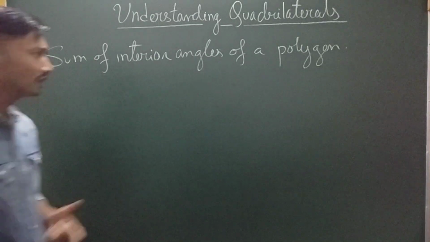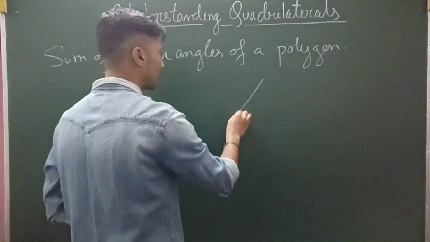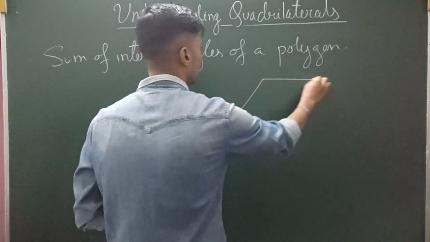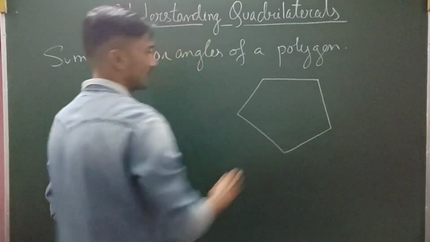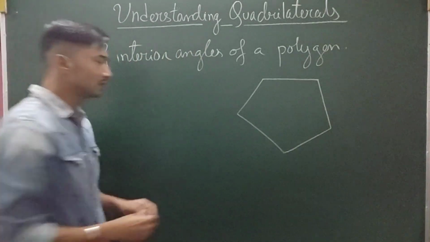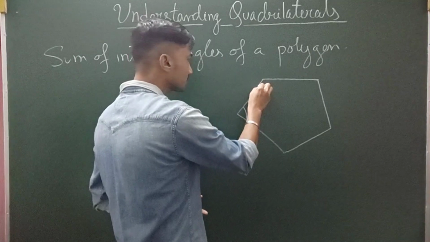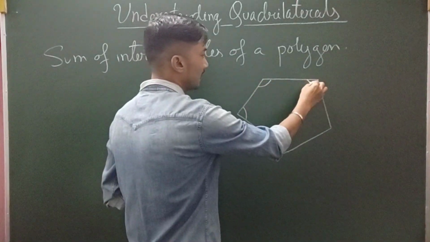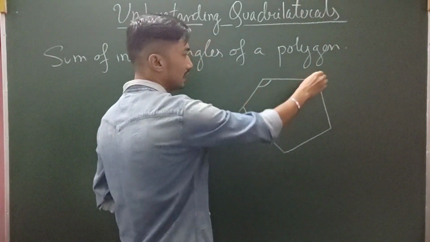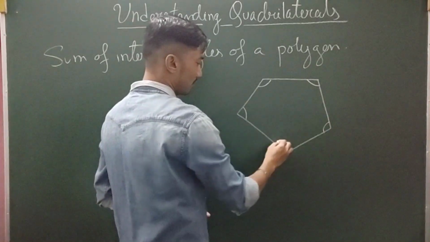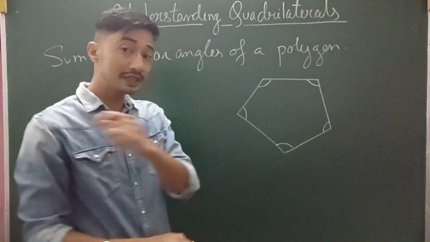sum of interior angles of a polygon. Interior angles of a polygon means, for example, I have a polygon 1, 2, 3, 4, 5, maybe 5 sides. Interior angle means the inside angle only. So this is one angle formed. An angle is formed where the 2 sides meet at the vertex point. This is one angle formed. This is one angle formed. So how many sides?